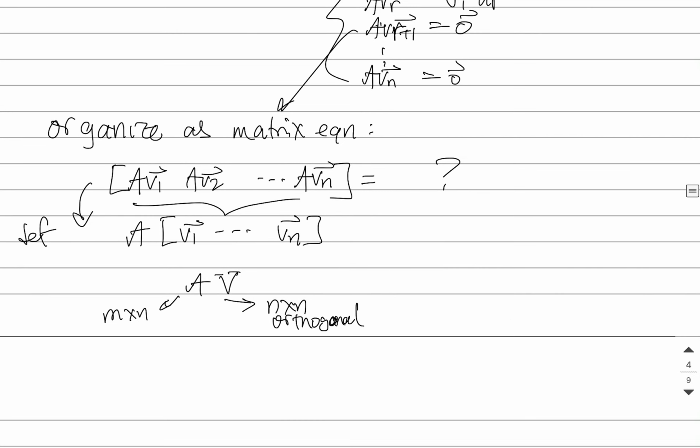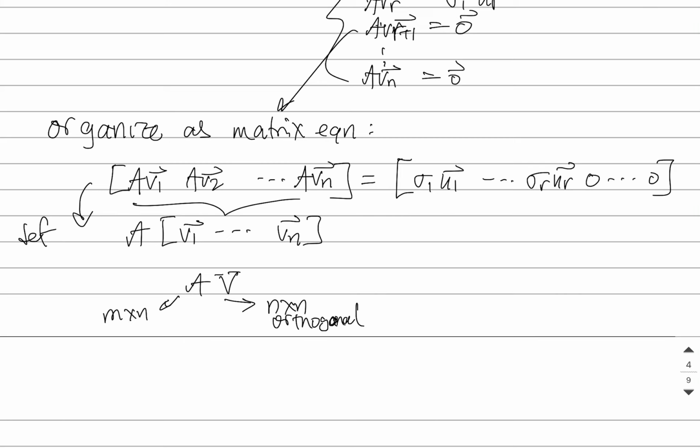Now, on the other side, we've got sigma 1 U1, sigma R UR, and then a bunch of zeros.